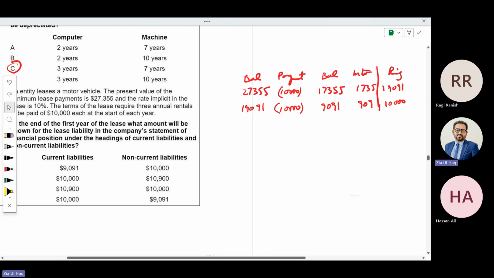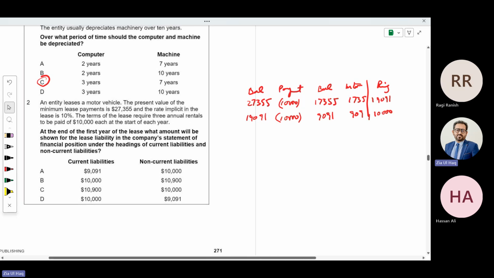So what will be your non-current liability? And what will be your current liability? Non-current liability is 10,000.